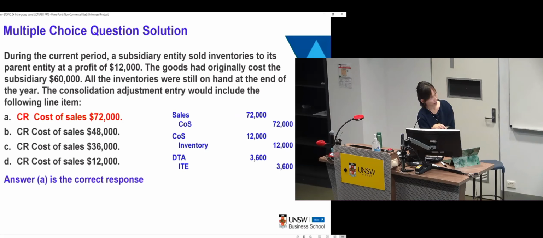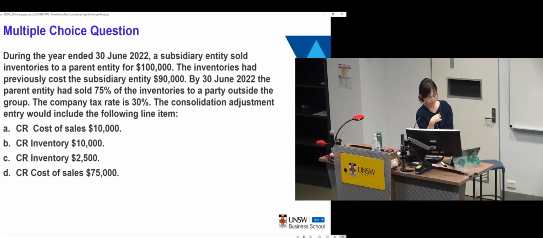Okay, now one more. Now, in this example, 75% inventory were already sold to the party outside the group.